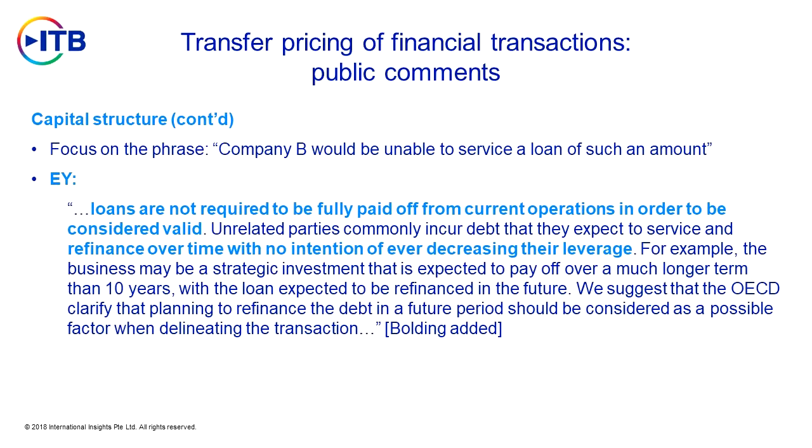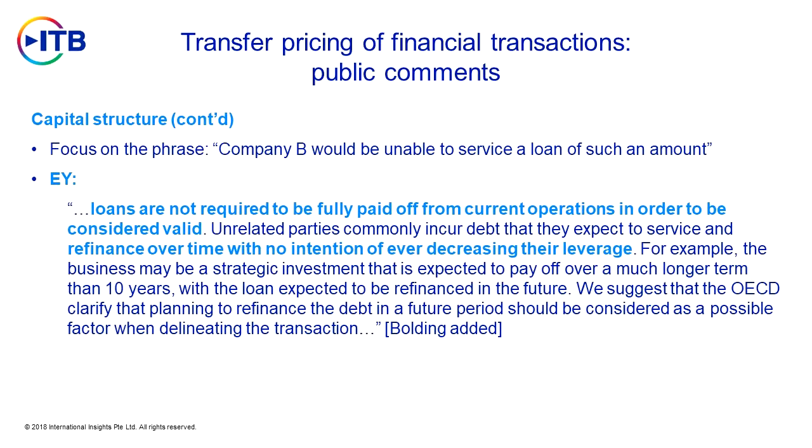Firstly, there was a focus on the phrase, Company B would be unable to service a loan of such an amount. For example, EY said this: loans are not required to be fully paid off from current operations in order to be considered valid. Unrelated parties commonly incur debt that they expect to service and refinance over time with no intention of ever decreasing their leverage.